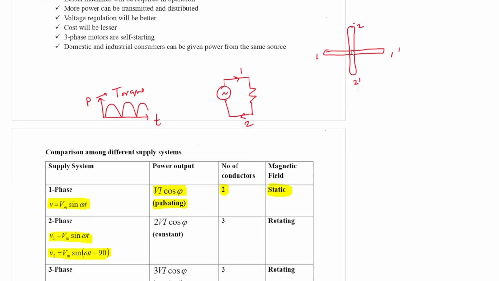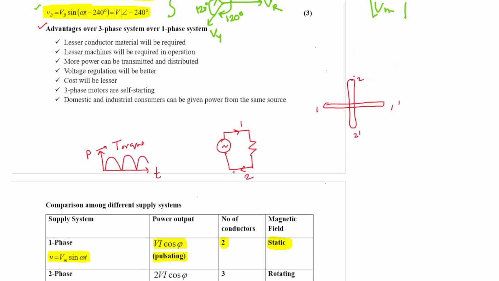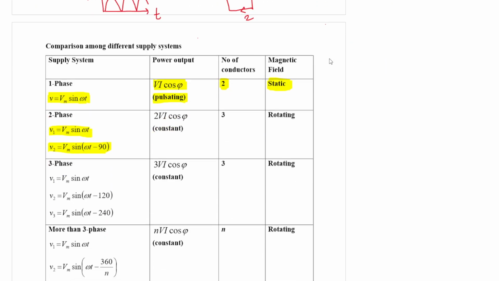So naturally, if the displacement is 90 degrees, then the EMF induced by them is also lagging by 90 degrees. Due to this fact, V1 plus V2, or maybe I1 plus I2, is never equal to 0.